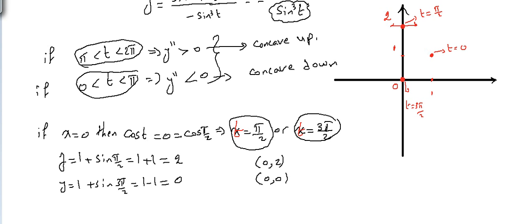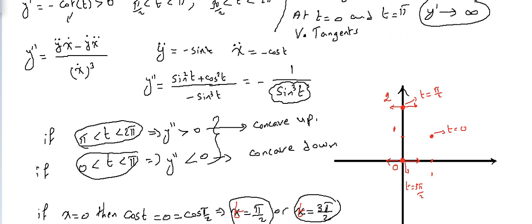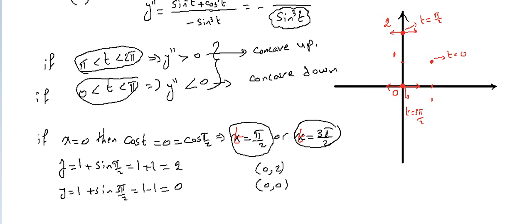Here we have horizontal tangents, because the derivative is 0. At t equals 0 and t equals pi, we have vertical tangents. So if this is 0, this is pi over 2, this is 3 pi over 2, and this is pi. Here we have vertical tangents. That's great. Now I can see my drawing exactly.